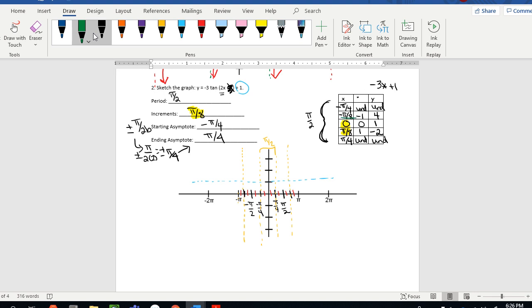What I want is at negative pi over 8, I've got to start at 4. So negative pi over 8 is right here, the first red dot closest to me, 4, all the way up here. The next one, where it was 0, went down to 1. That's where that dotted green, blue line is.